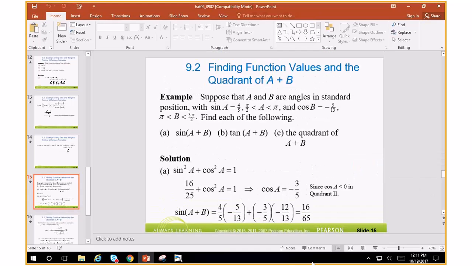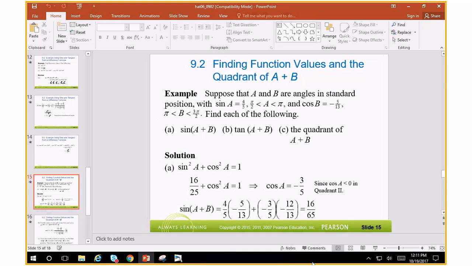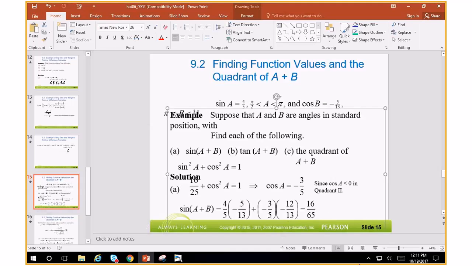And now you plug in: sine of A plus B is equal to the sine of A times cosine of B plus the cosine of A times sine of B. I can't get this board to work today.